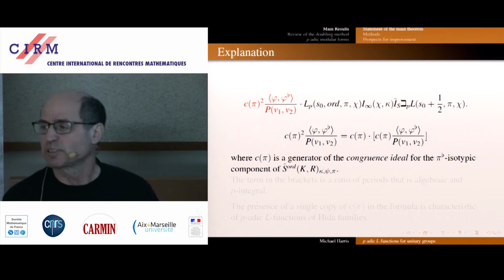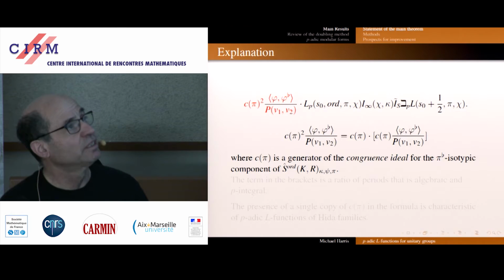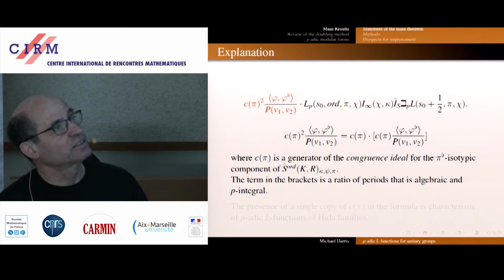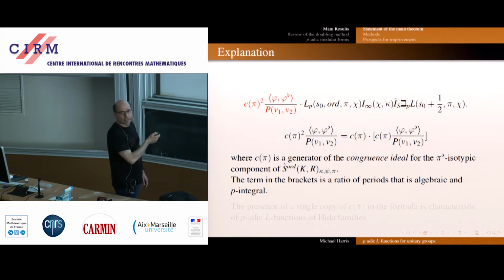And the pi isotypic component is the same. C of pi and C of pi flat are the same thing. And the term in brackets, well, you've got a ratio of periods. Each of these things is an actual complex number. And this is a ratio of them. And you get something that's p-adically integral if you multiply it by the congruence ideal.